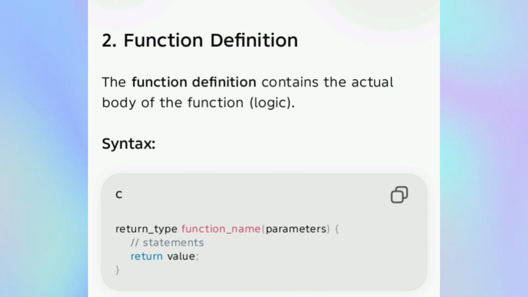A function definition contains the actual body of the function: logic, syntax, return type, function name, parameter list, and return value with a block of statements. Open curly and close curly braces have some set of statements, which is what is going to be done in the code.